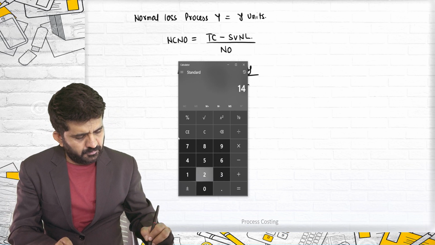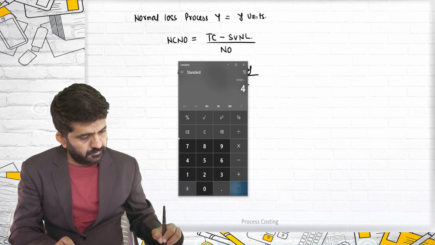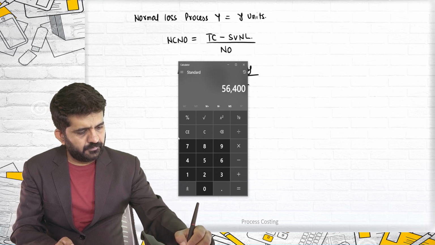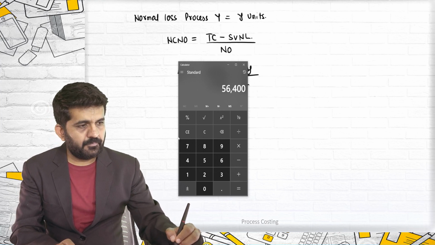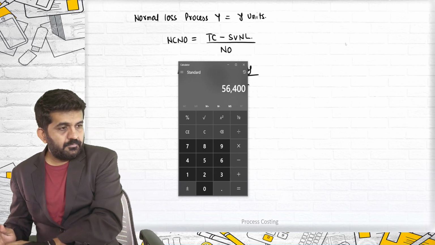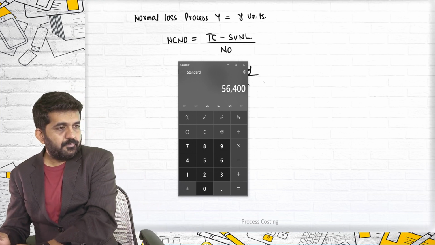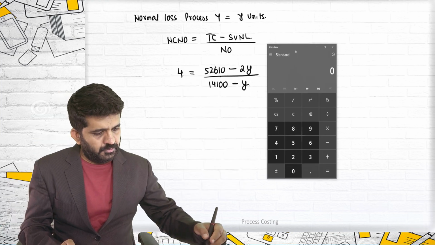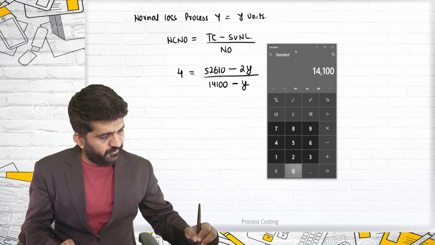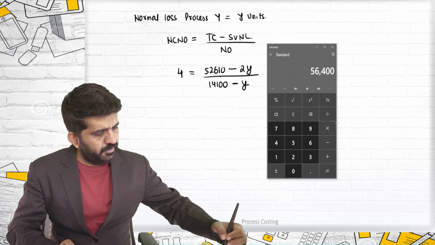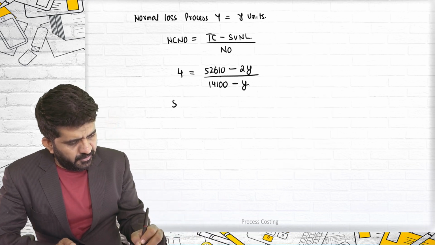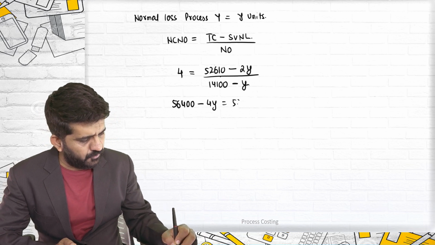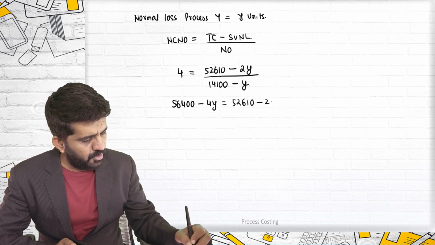We can solve this equation. 14,100 into 4 is 56,400. So 56,400 minus 4y is equal to 52,610 minus 2y.